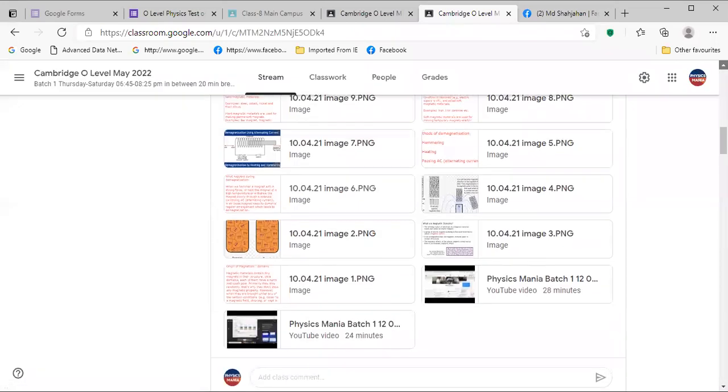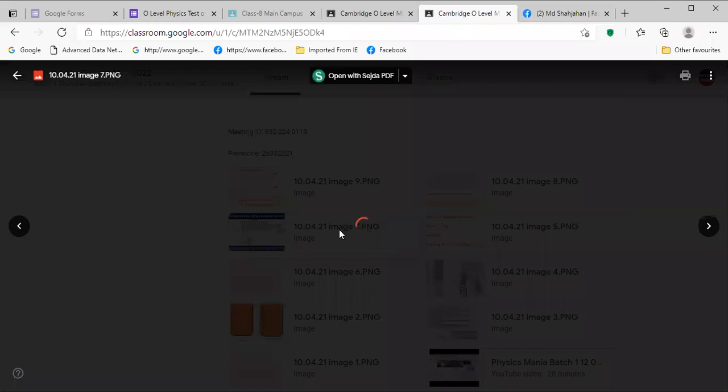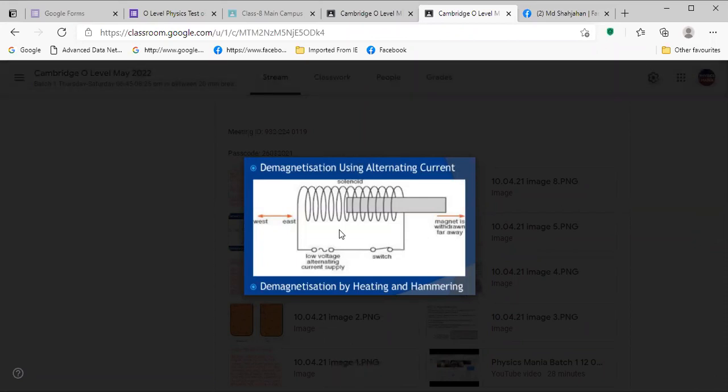So learn it. Then we have the demagnetization processes. Heating and hammering are very easy to understand, and here is how we use AC to demagnetize a magnet.